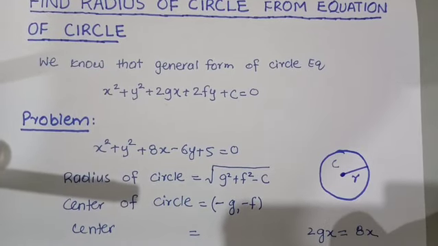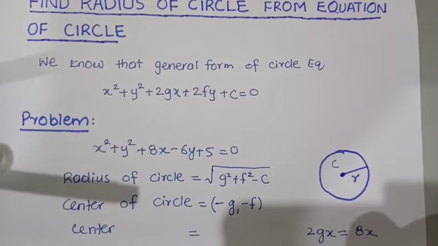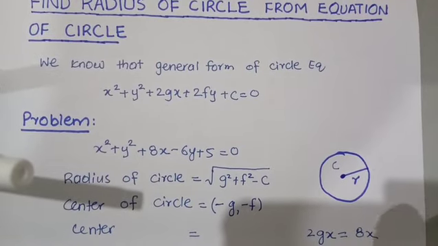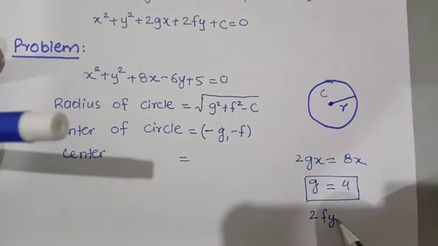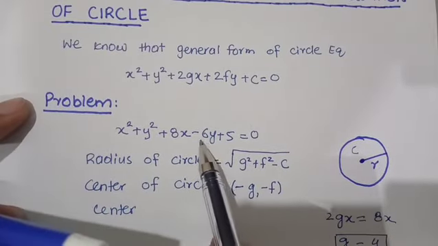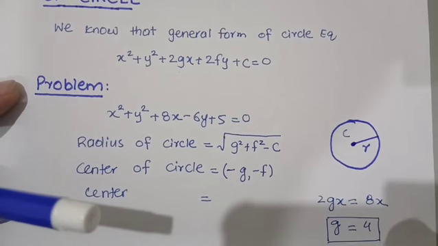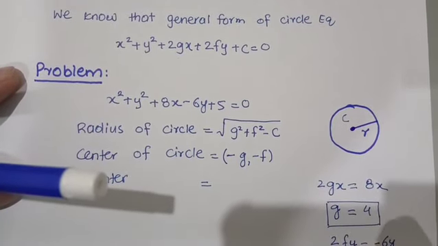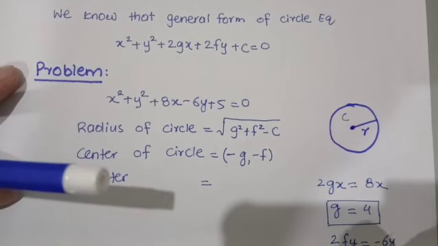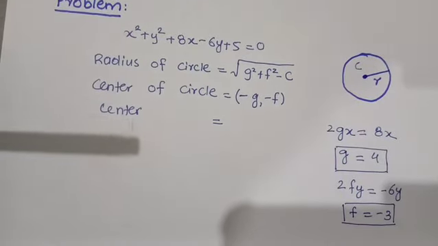From this, g will become 4. Similarly, 2fy is equal to minus 6y, and f will become minus 3. So this is the center of the equation.